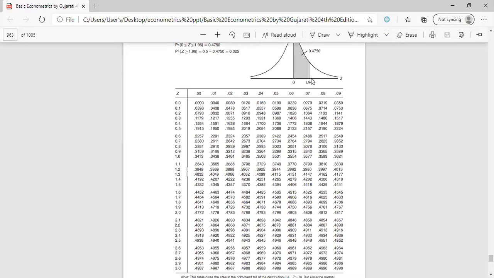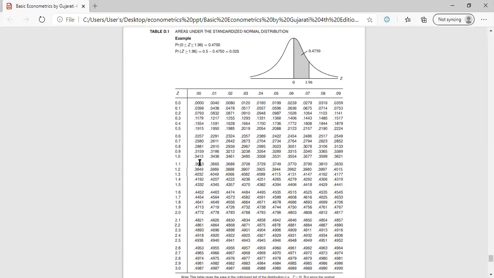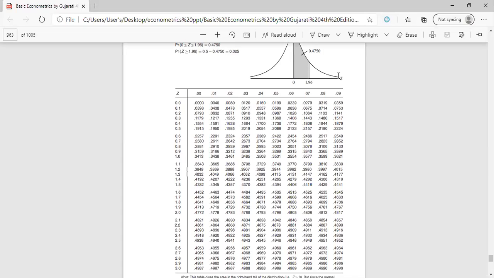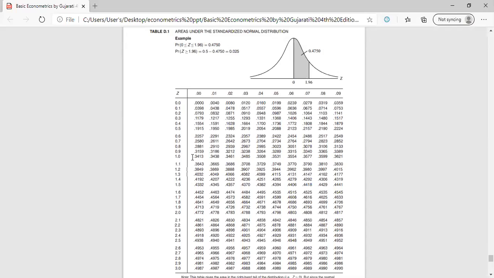Now, if you want to find the area to the right of that, what do you do? You subtract it from 0.5, because this half area is 0.5. So 0.5 minus this area is what you are looking at. And what did you get? 0.1587. Yes, something like that. Makes sense.